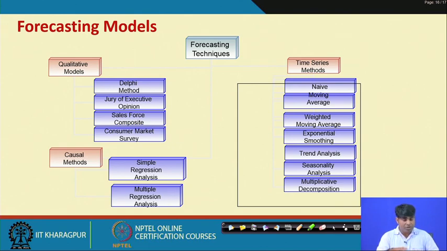In the qualitative models, we have the Delphi technique, jury of executive opinion, Salesforce composite, and consumer market survey. In the case of causal methods, simple regression analysis and multiple regression analysis.